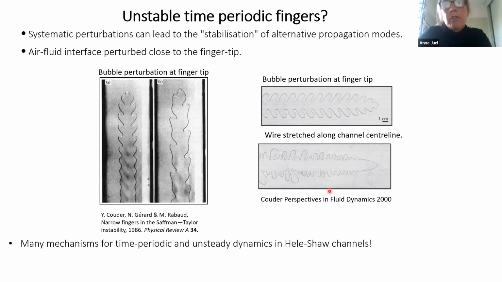And that alters the curvature of the front, the tip of the finger, and it leads to these time periodic modes. So here the tip is pulsating periodically, and here it's pulsating alternately to the right and to the left. And so it leaves essentially the spatially periodic pattern behind it as a result of the dynamics of the tip.